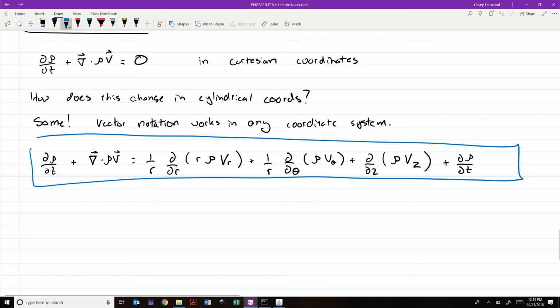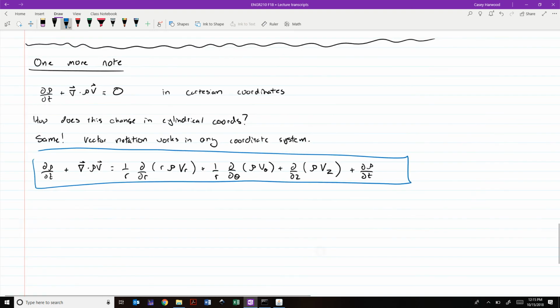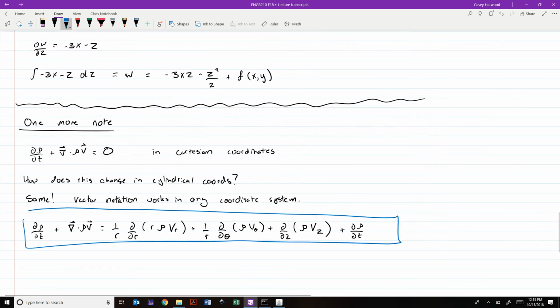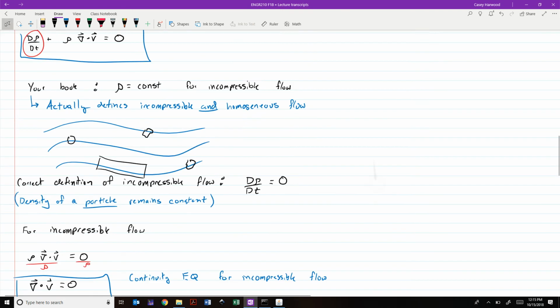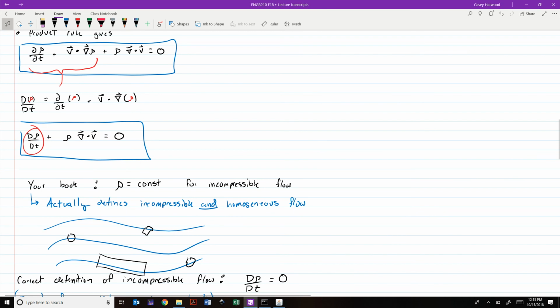Aren't you doing a material derivative now? I mean, you can do the material derivative, but the idea here is that we could write it in terms of the material derivative, but the material derivative itself involves those terms already.